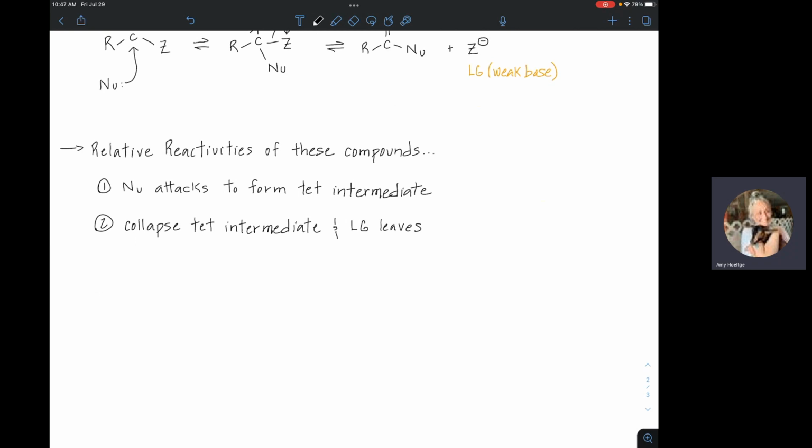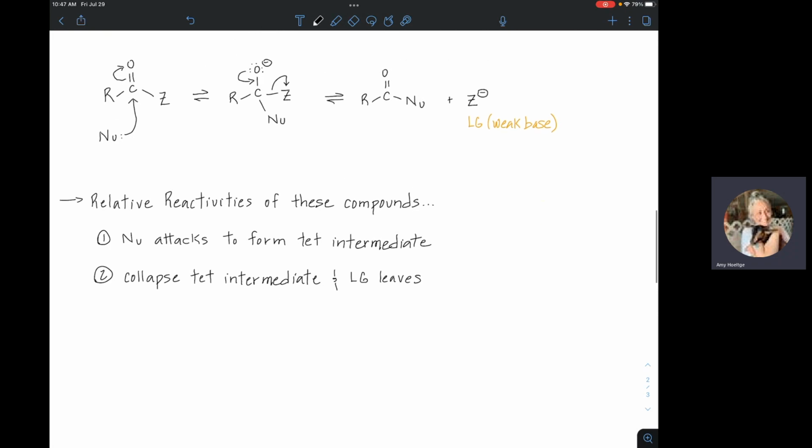So if the carbon of the carbonyl is more electropositive, in other words, it has a greater partial positive charge, and you have a nice basic or neutral but small nucleophile, something with a lone pair of electrons, you will get the carbonyl carbon attacked by the nucleophile, form the tetrahedral intermediate.